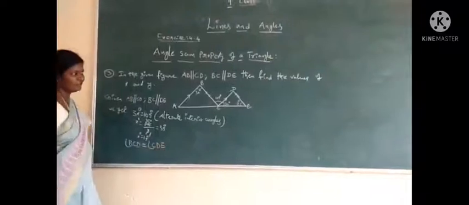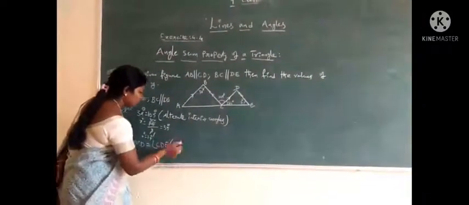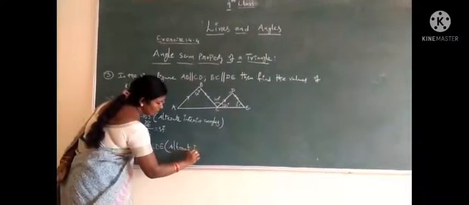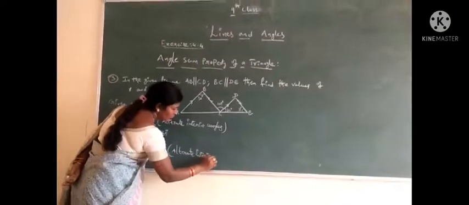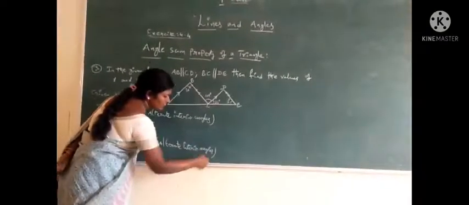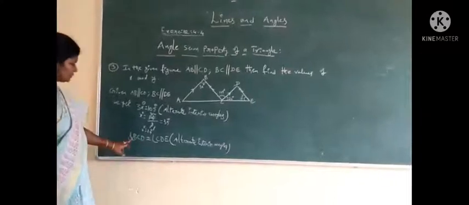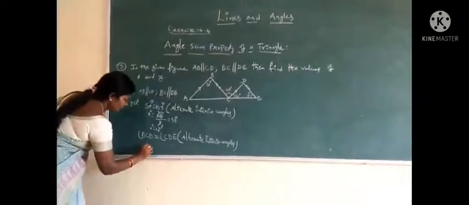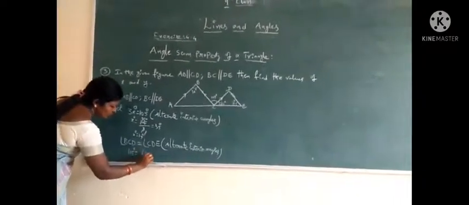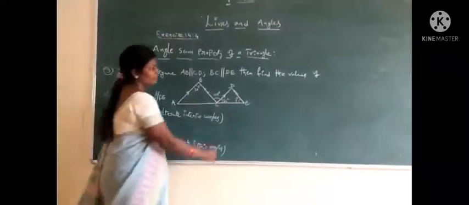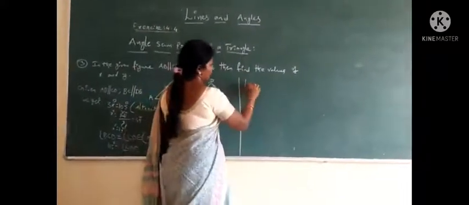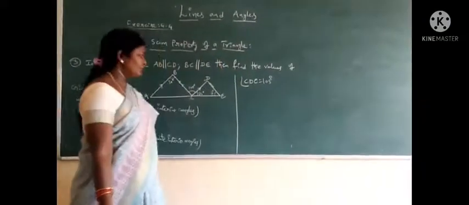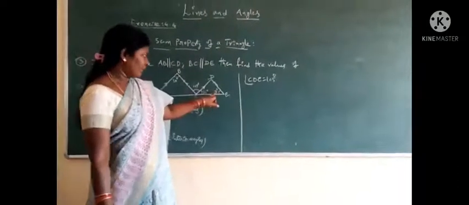Why? Because alternate interior angles are equal. So angle BCD value is 105 degrees, which is equal to angle CDE. Therefore angle CDE is equal to 105 degrees. Now we find out y value.